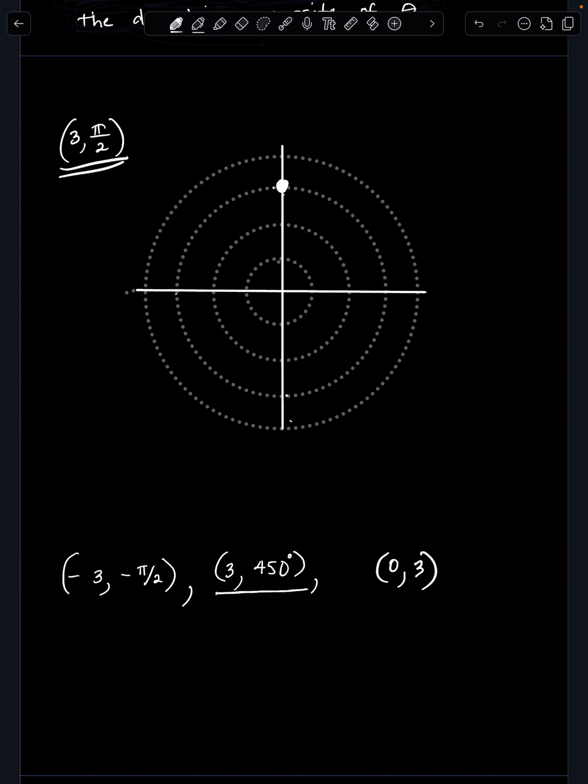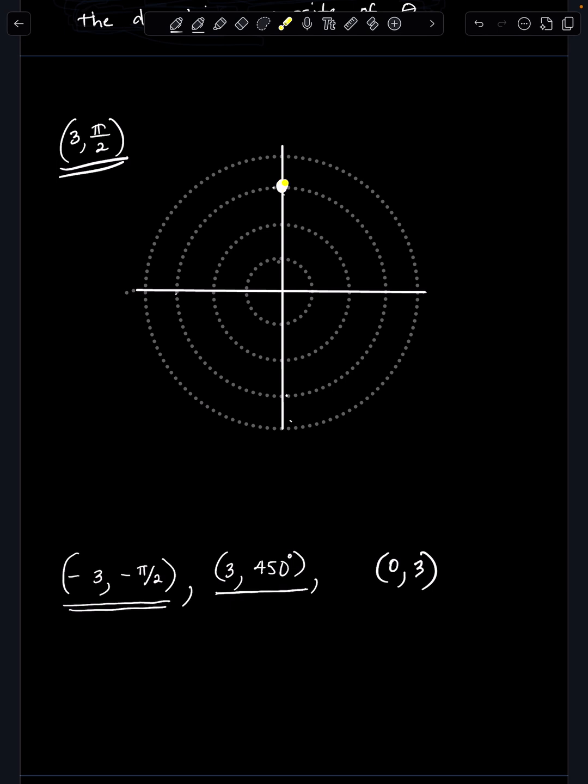All right, let's look at another one. What about (negative 3, negative pi over 2)? Negative pi over 2 means I'm going in the clockwise position, 90 degrees, and then my negative r value means I'm going in the opposite direction. If I went negative 90 degrees and then 3 in the opposite direction, I'm at that same point.